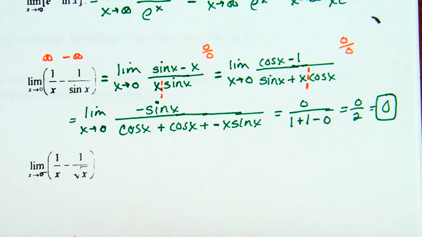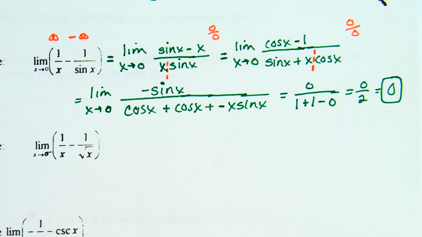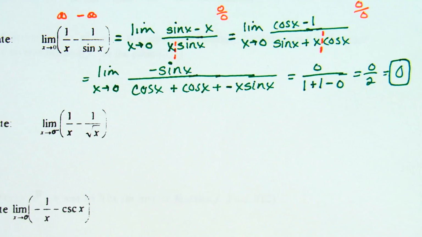Okay. Let's try another one. Example 4. Is that 0 from the left or infinity? That is a good question. I'm so confused about my notes here.